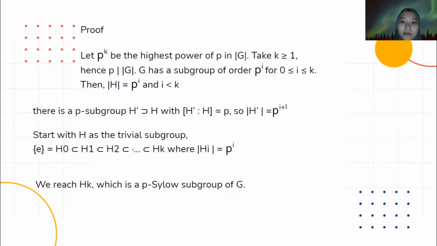Then, starting with H as the trivial subgroup, repeat this process with H prime in place of H to create larger subgroups like this, and then we reach HK, which is a P Sylow subgroup of G.